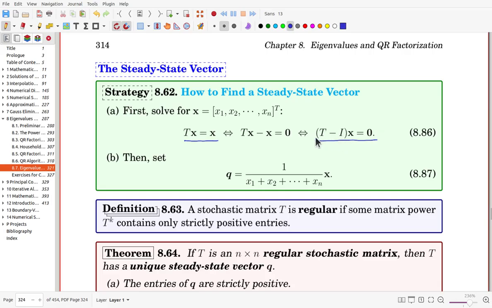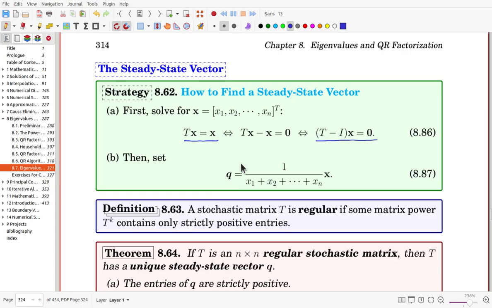That means the determinant of T minus identity must be 0. But we already know that, so we can find a non-zero vector. Once a non-zero vector is found, then we scale. So we divide by the sum of the entries, then for the resulting vector the sum of the entries will be 1. So it becomes a steady-state vector. Simple, right?